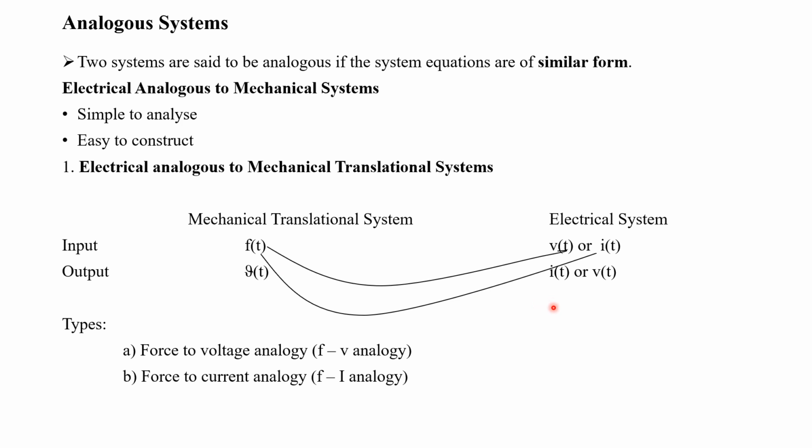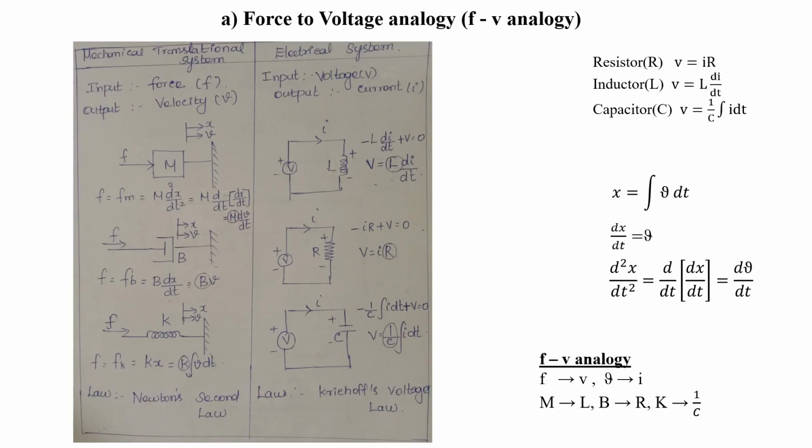Now we are going to see about the force to voltage analogous circuit. Force to voltage analogy can also be represented by F to V analogy. First we have to consider the mechanical translational system. In it, the input will be a linear force that is represented by F. In the electrical system, what will be the input?